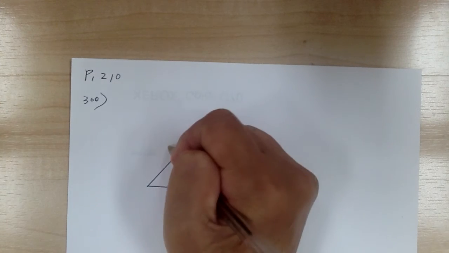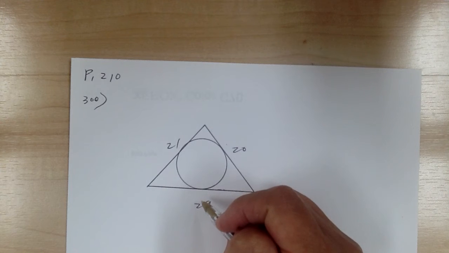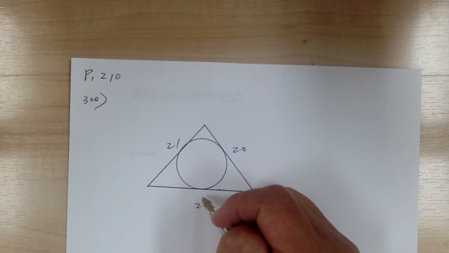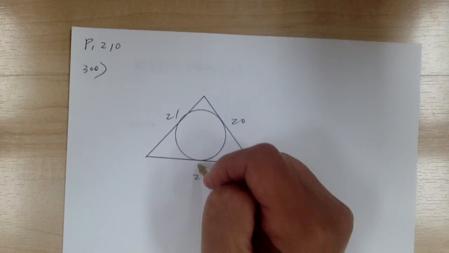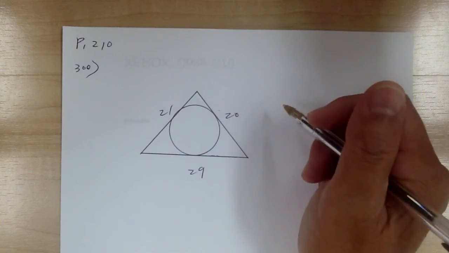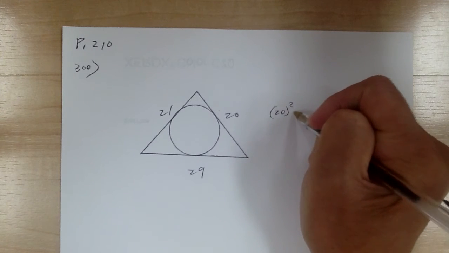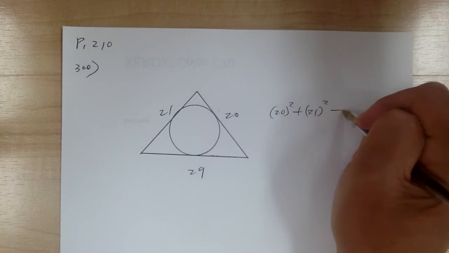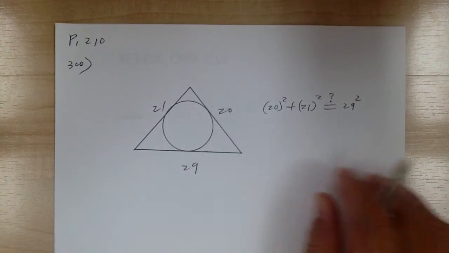So you have 20, 21, and 29. This one is actually a right triangle, so you can check. 20 squared plus 21 squared should equal 29 squared. So first you check.